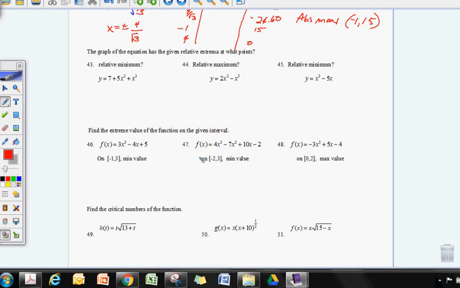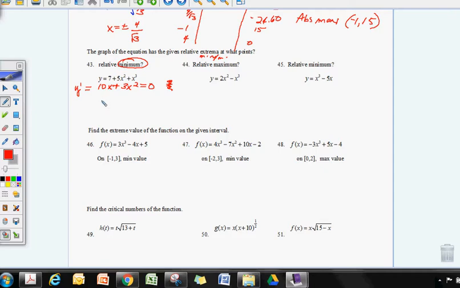Then we go on to relative extrema, and that's just finding your mins and your maxes. And for these, we're being very specific. We only want you to find the minimums. So regardless of what I need to do, I need to find my derivative first. So I come up with 10x plus 3x squared for my derivative, set it equal to 0, and then eventually 1 over 0, which is not going to give me anything.